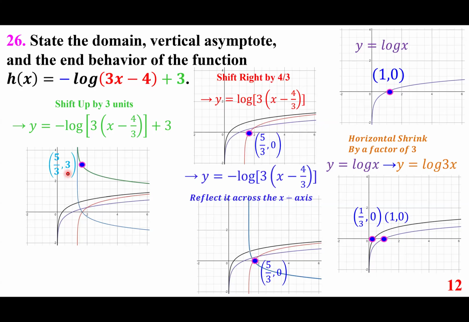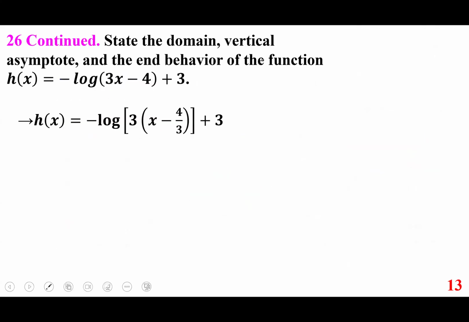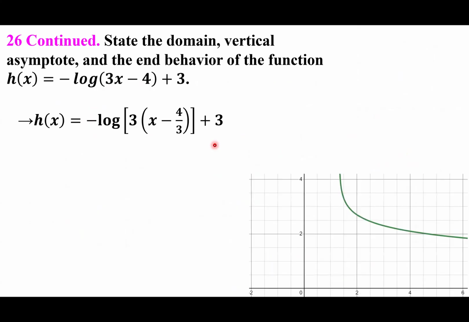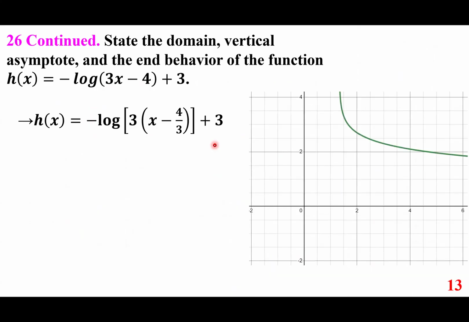Now that we have the final graph, we want to discuss everything that is given and write everything that we must. So we had this function, we went through it, and we took the 3 out to make it clear what it looks like, and it looks like that. So first and foremost, you have this one located at (5/3, 3).